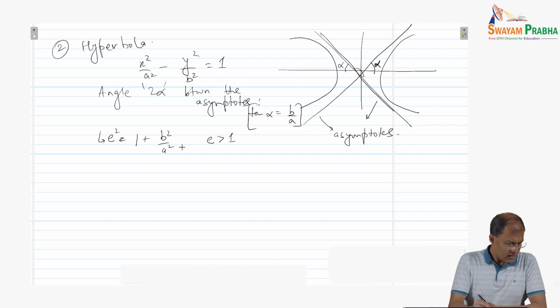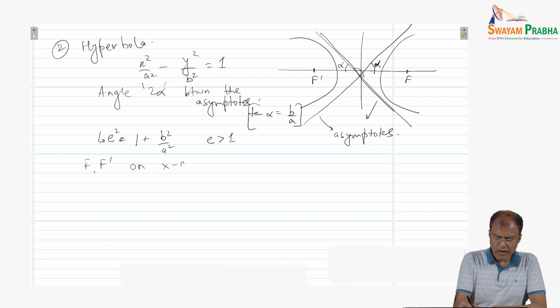The focal points F and F prime again lie on the x-axis, at plus minus ae comma 0.